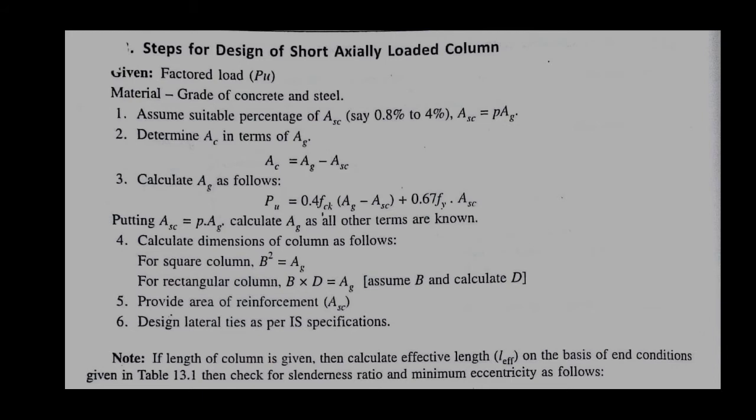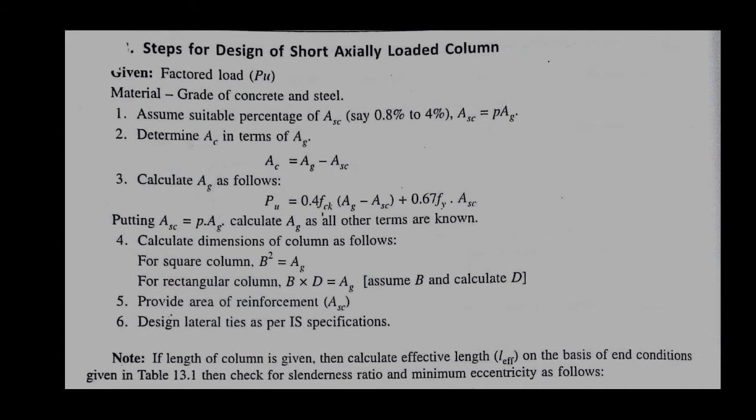From this equation which is given in 39.3, Pu equals 0.4 fck within bracket Ag minus Asc, that means Ac, plus 0.67 fy into Asc. So, we can write it. Now, putting Asc equals p into Ag, calculate Ag as all other terms are known.